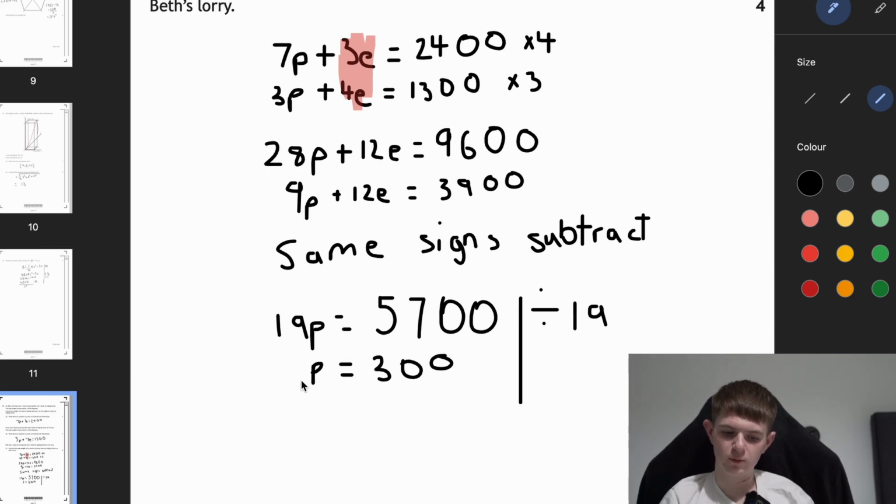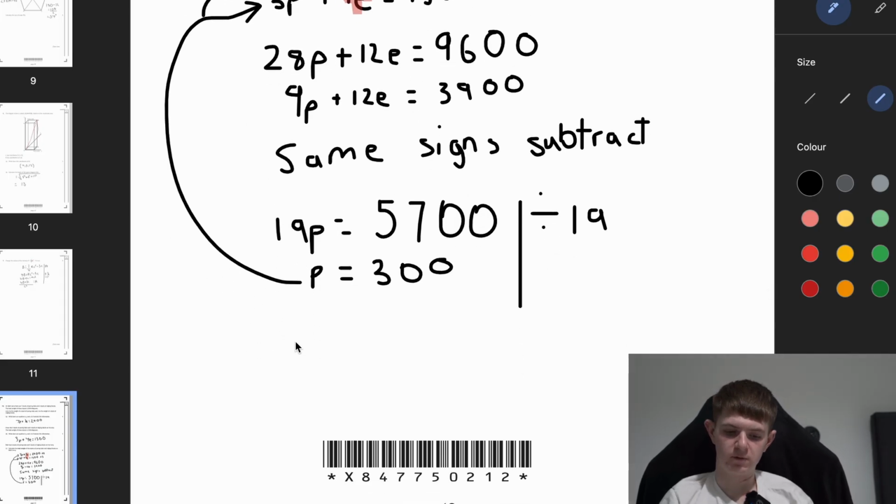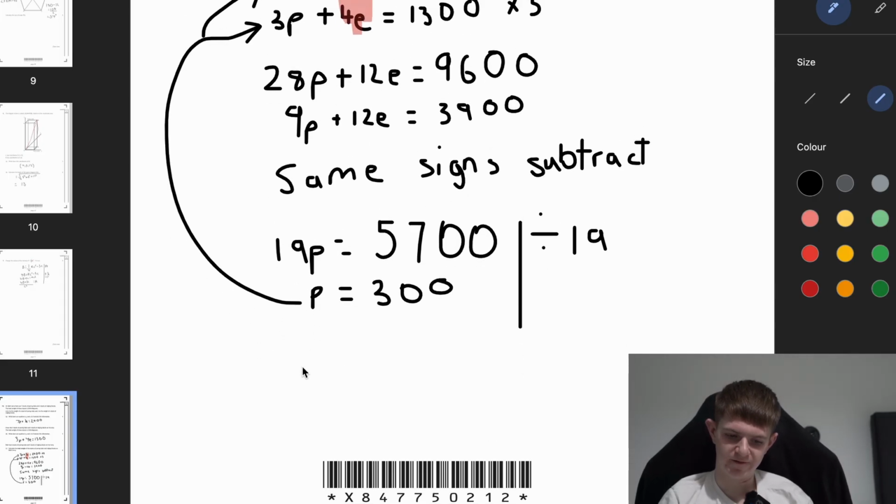Now, to figure out what the value of e is, we're going to sub this information into one of these two. Make sure you pick the easier one. No point giving yourself harder work. So I'm going to pick 3p add 4e equals 1,300.